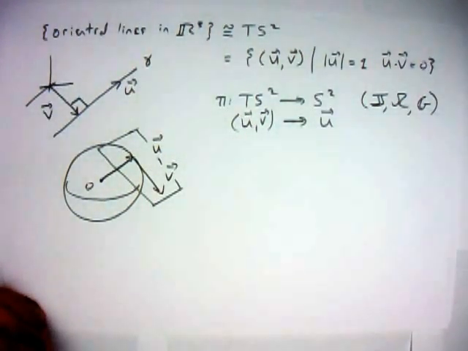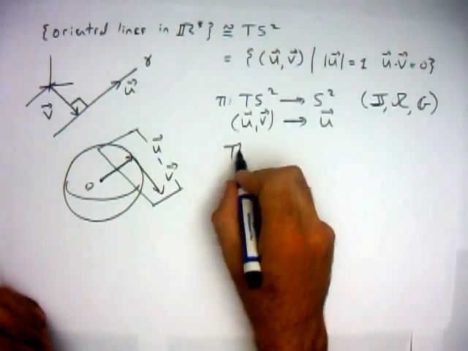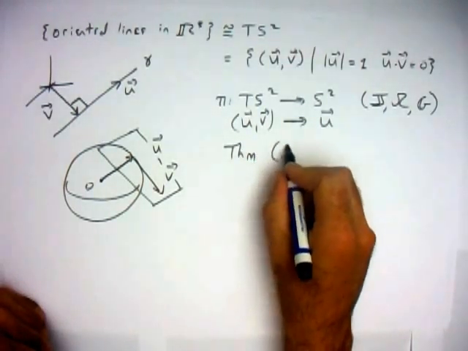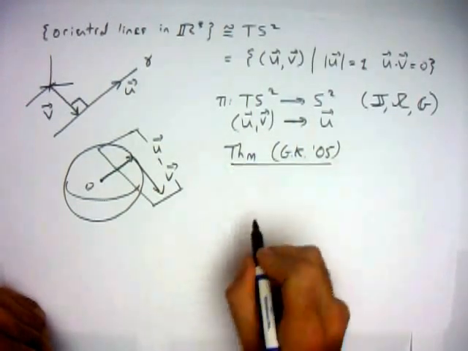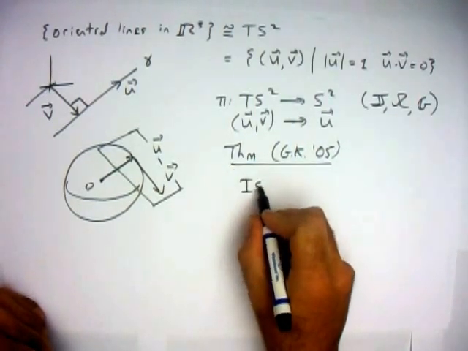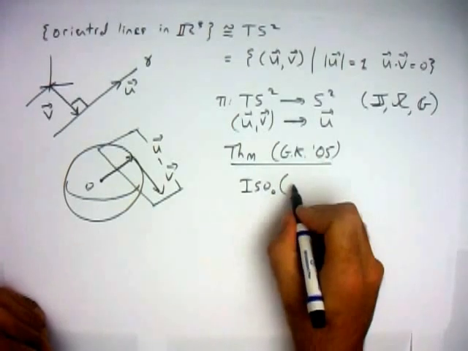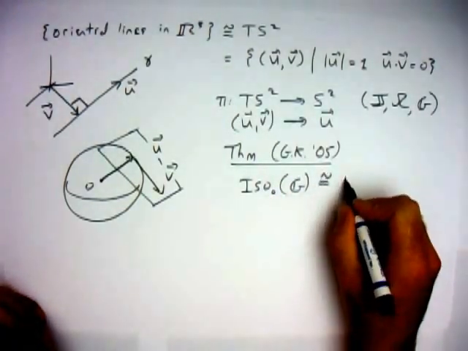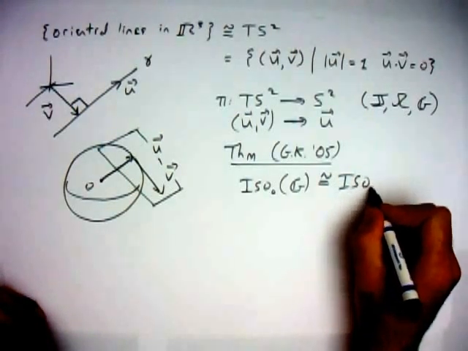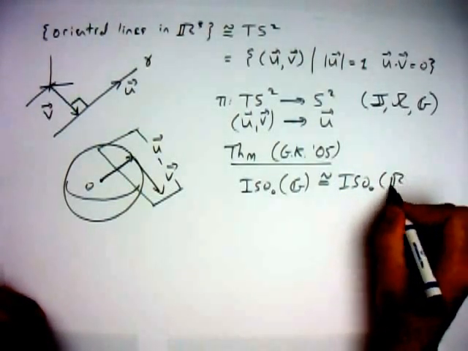Now, the important thing here somehow is the following theorem by myself and Wilhelm a number of years ago, which is that the connected component of the isometry group of the metric G here is the same as the connected component of the isometry group of the Euclidean group.